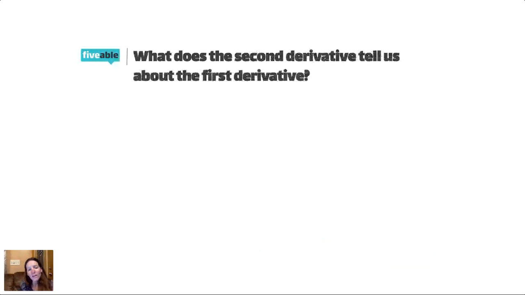So all of that to say, now what does that tell us about the second derivative? What does the second derivative tell us about the first derivative? My class hasn't done the second derivative much at all, so they don't know this yet, so you may or may not. But theoretically, the second derivative's relationship with the first derivative is the same as the relationship between the first derivative and the original function.